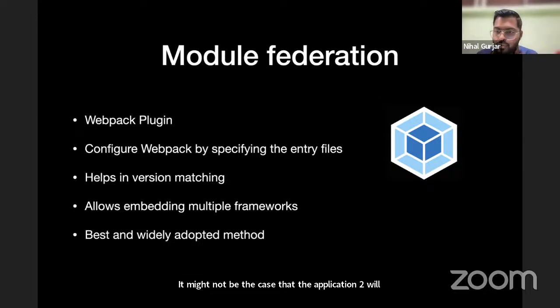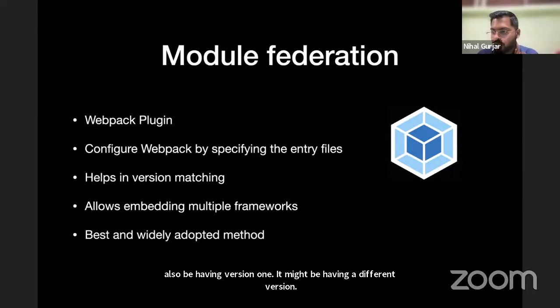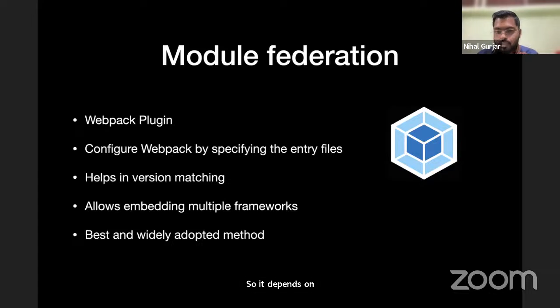This version mapping is handled by module federation, so that you don't have to face any issues while mapping multiple versions of one micro frontend to another micro frontend. And this also allows multiple framework embedding like React, Vue, Angular.